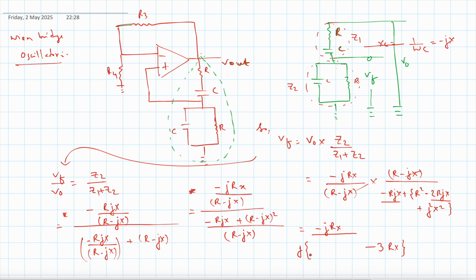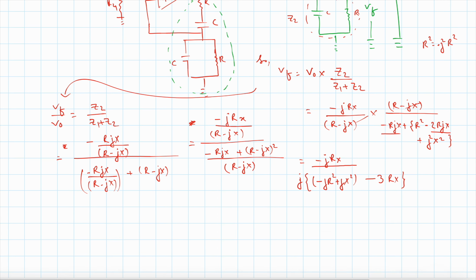Yes, here J, and minus JR square. This R square I am going to make J like this. Yes, then J X square minus 3X in this way. Yes, then further simplification.